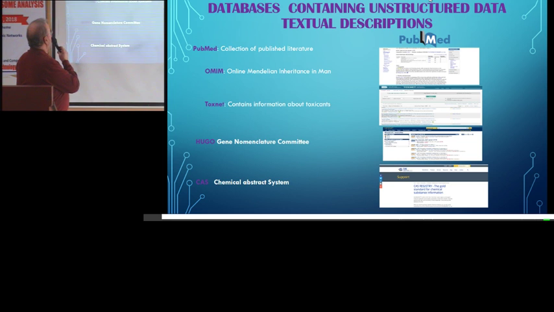Okay, you can see now some of the main sources of unstructured information. Obviously, the first, anyone knows, PubMed. The second is Online Mendelian Inheritance in Man, that is the database of genetic diseases.